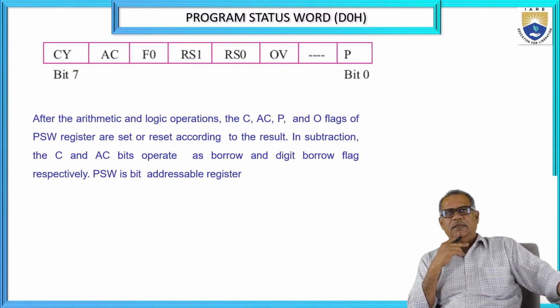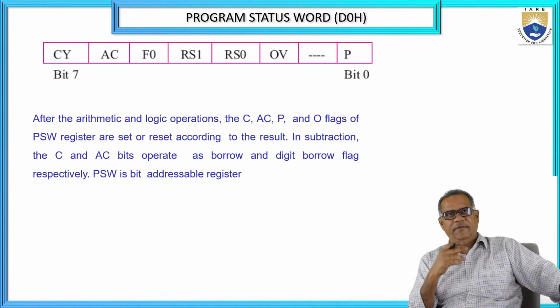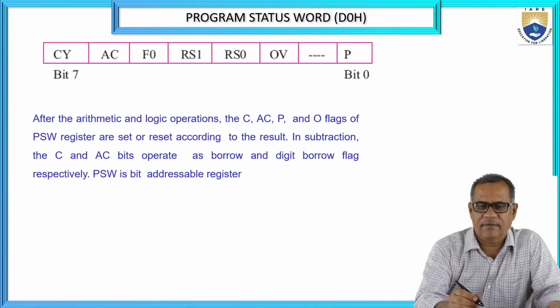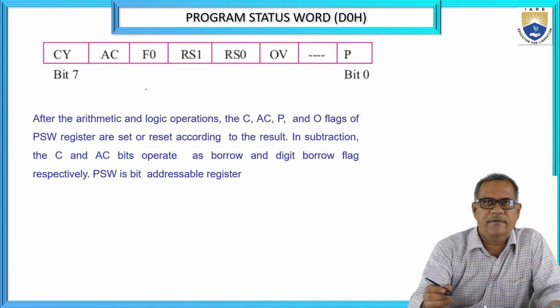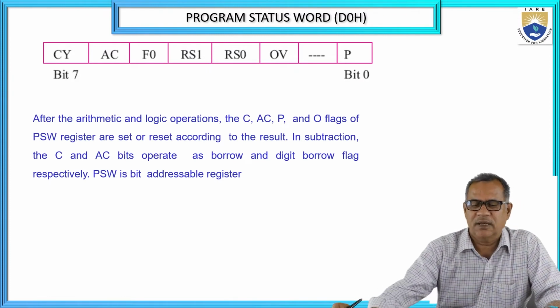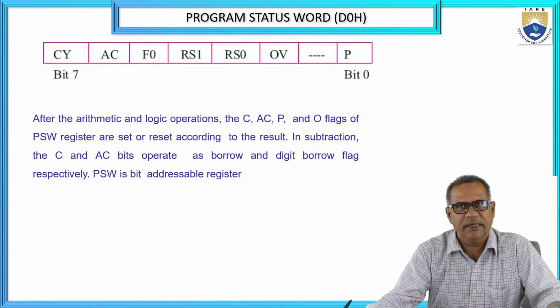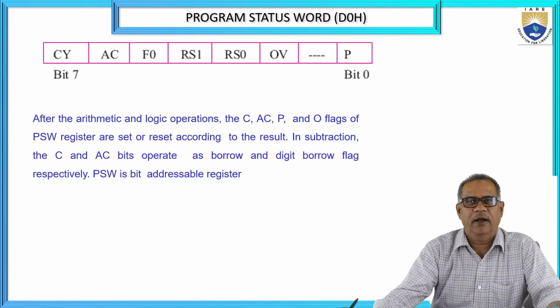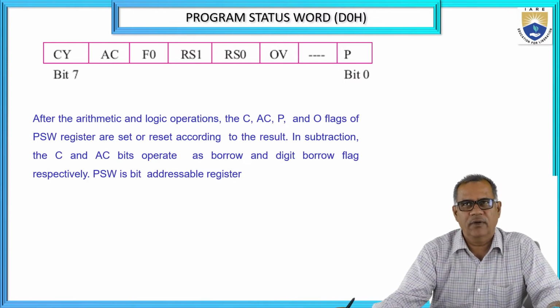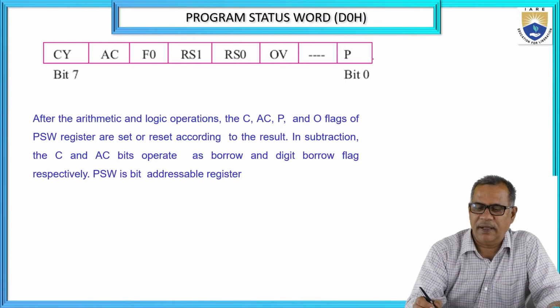You have here CY, which means the carry flag. AC means the auxiliary carry flag. F0 is not used. RS1, RS0 are the bits used for selecting the register banks. OV is the overflow flag, and P is the parity flag.